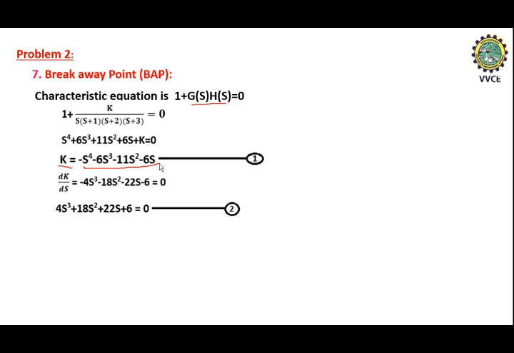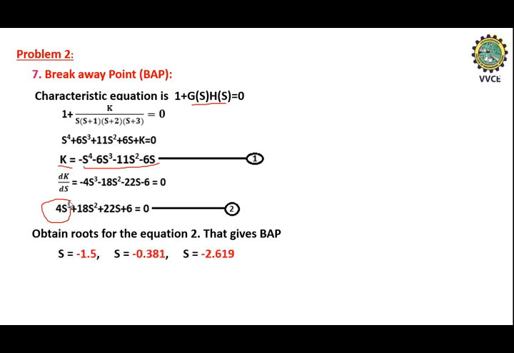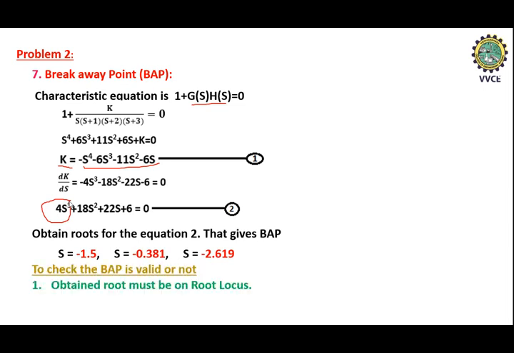From equation number 2, obtain the roots. The degree of the equation is 3, so I will get 3 roots. Among these 3 roots, we will get 2 valid breakaway points. The breakaway points can be checked whether they are valid or not.